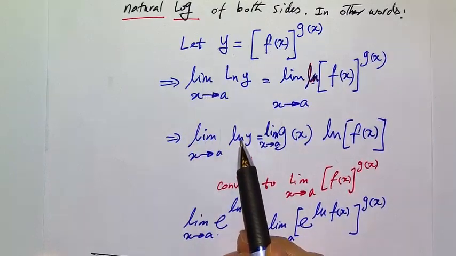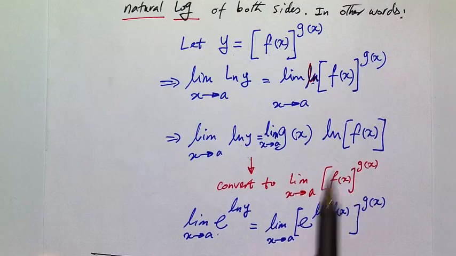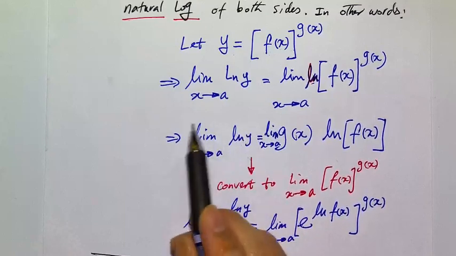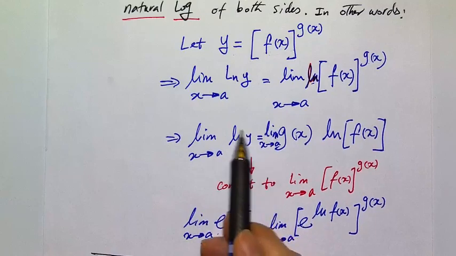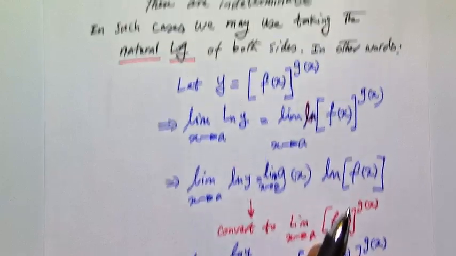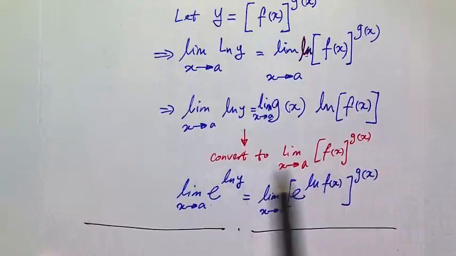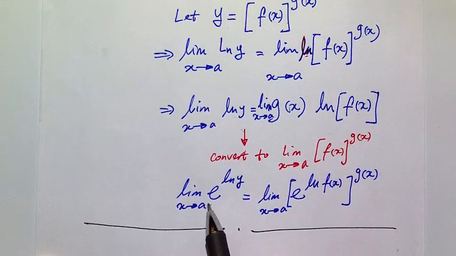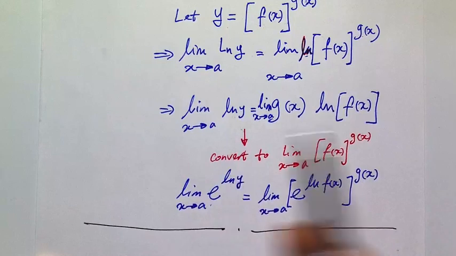So what we have to do at the end is convert to the limit of this expression as x goes to a. Right now we have the limit of natural log of y as x goes to a, but we want to convert this to the limit of the original expression. That's what this red ink is saying. How do we do that? We simply take e and raise it to this power, both sides.